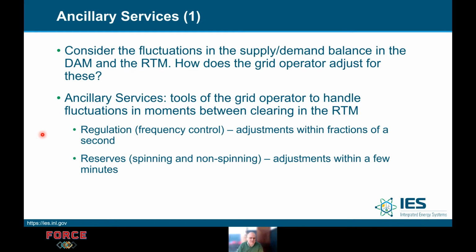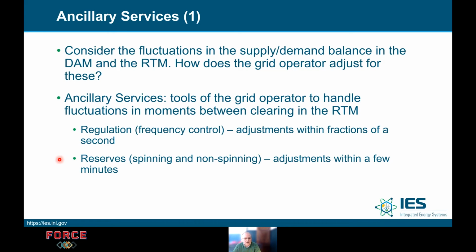Okay, the ancillary services are those services that the grid operator can call upon at a finer time scale than what the real-time market operates at. The first one being the reserve market, where the operator can call upon generators who are currently spinning, and they can either ramp up or ramp down as needed to make those load adjustments.